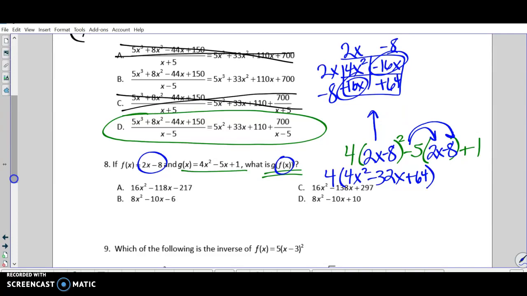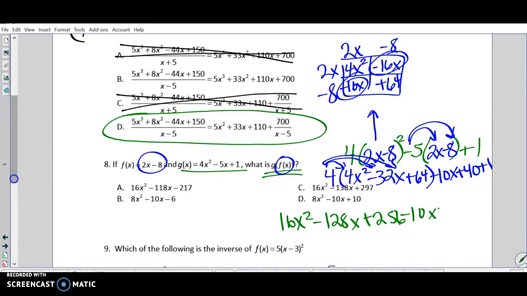Here, with this 5 times negative 8, we don't have to actually worry about doing the box. You can go ahead and multiply, which will give you minus 10x plus 40 plus that little 1 at the end. When I distribute the 4, which is big numbers, I'm going to write it in a different color down here: 16x squared minus 128x plus 256 minus 10x plus 40 plus 1.